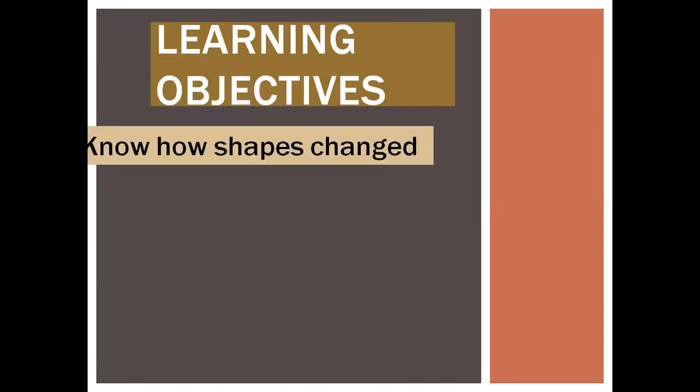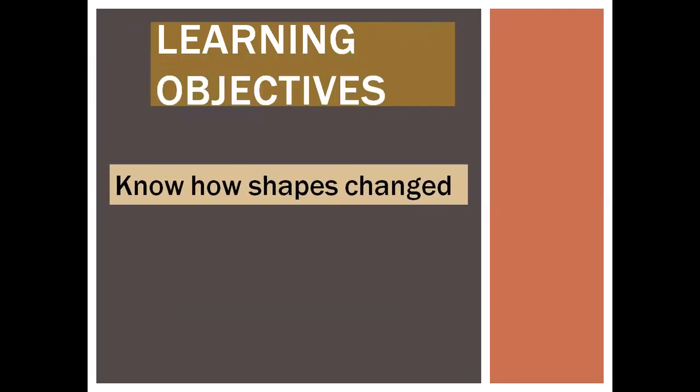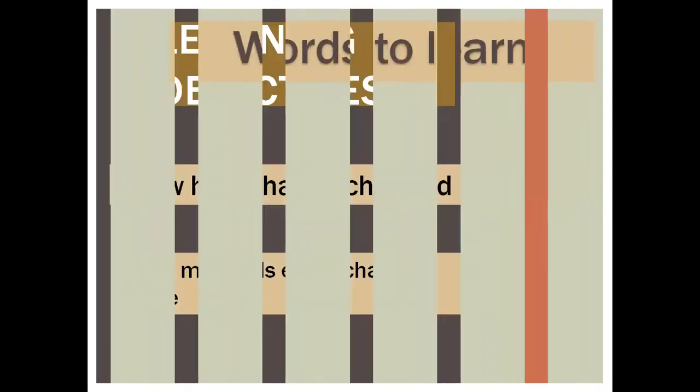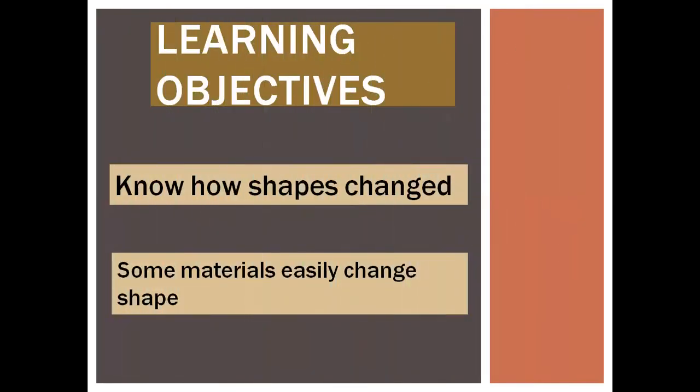So in this lesson, we are going to know how shapes change, and some materials easily change shape. Before starting the lesson, I would like to remind you that in grade 1 we have studied different types of materials: metals, glass, stones, rubber, wood, fabric.